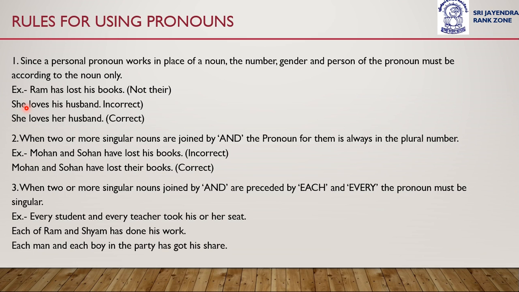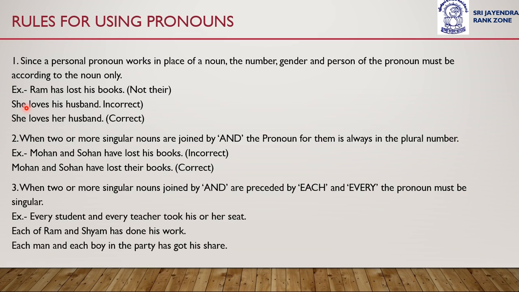But if in any case the singular nouns are preceded by each and every, then the pronoun must be singular. For example, every student and every teacher took his or her seat. So please notice that we have used his or her, which is a singular form.